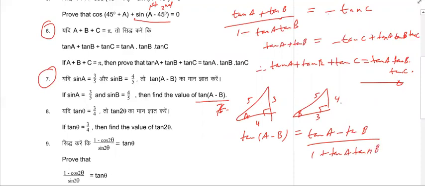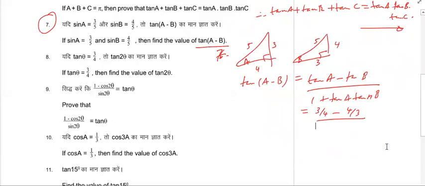Tan a is opposite over adjacent, 3 over 4 minus 4 over 3, divided by 1 plus 3 over 4 times 4 over 3.